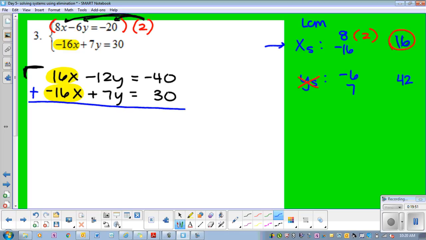What is 16x plus a negative 16x? 0. Cancels. It should get eliminated. That's the one we fixed. What is negative 12y plus 7y? Negative 5. You got that? Okay, good. Negative 5y equals what?